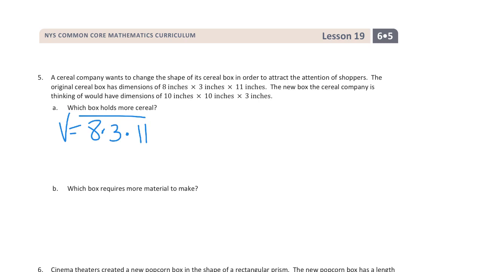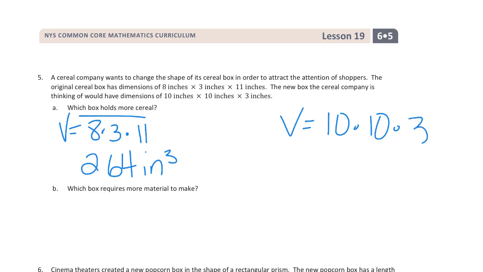And so when I multiply those together, 264 inches cubed. The second one, 10 times 10 times 3, that gives me 300. So 300 inches cubed. So this one holds more.